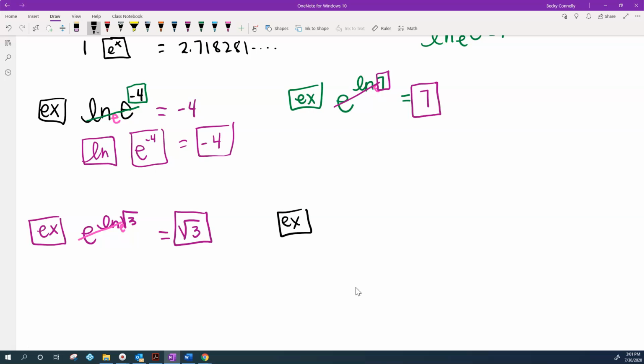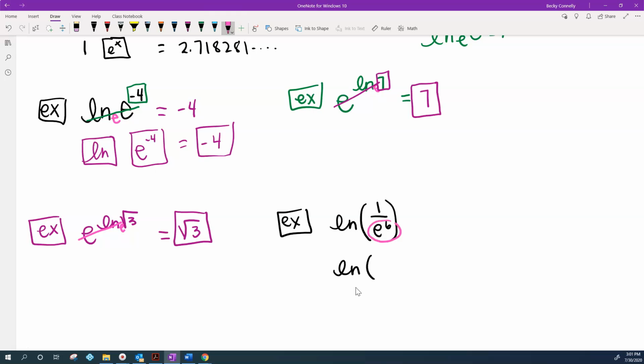What if I have the natural log of 1 over e to the 6th power? Okay, well that's kind of weird because we haven't dealt with one like this before, where there's a fraction. So I would say it might be easiest just to flip that e to the 6th power upstairs.